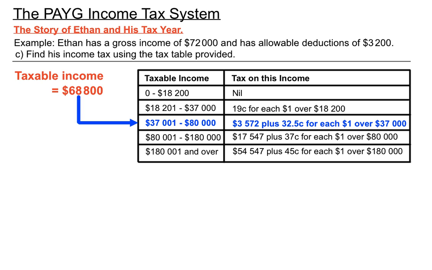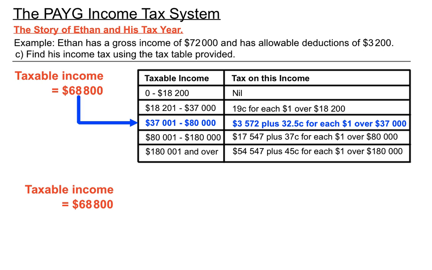And it's that rule there I've just highlighted in blue. $3,572 plus 32.5 cents for each dollar over $37,000. It's a mouthful, it's quite a rule, but I'll break it up for you in a minute. But that's the rule we're going to follow for figuring out how much income tax Ethan is supposed to pay.